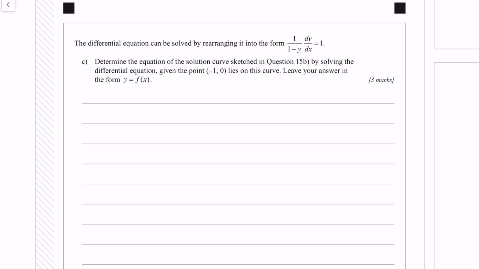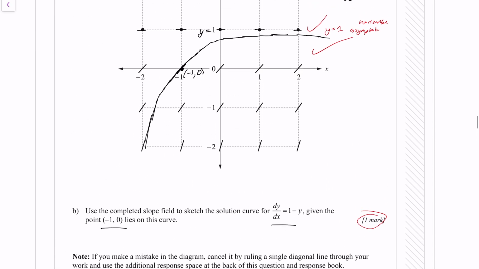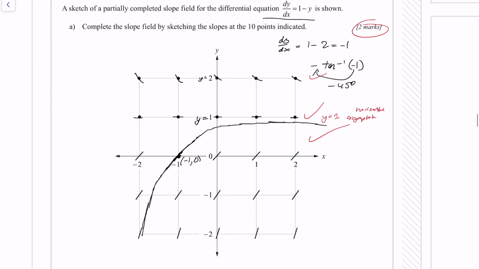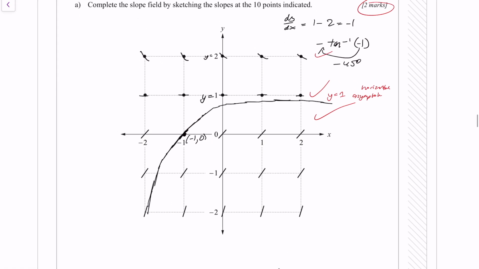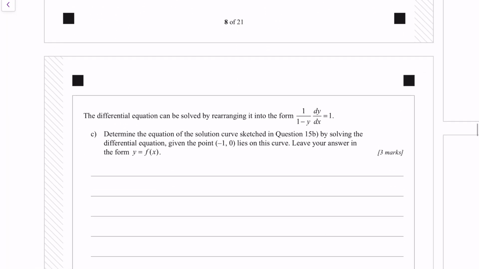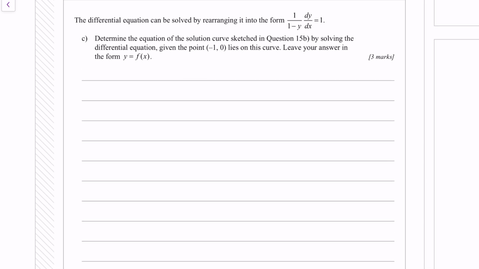It looks to me it would probably be an exponential or logarithmic, depending on what we get. So that can be a quick check to see what type of equation we need to work with.